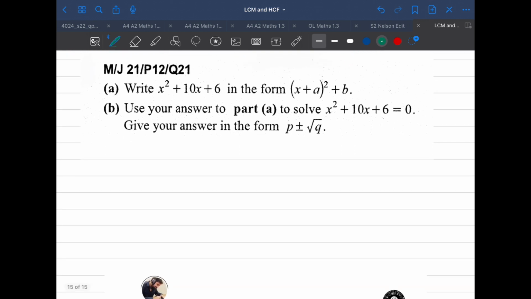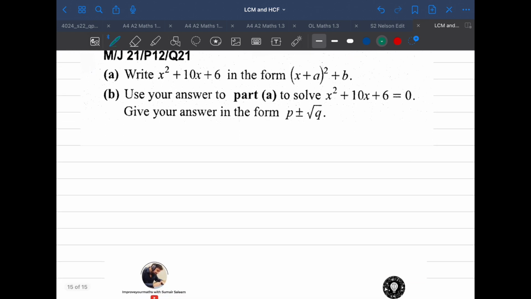Now let me teach you the difficult method. What's the difficult method, guys? Listen. You need to convert this to an identity, either (a plus b) whole square or (a minus b) whole square. So you see the sign before x, is it positive?